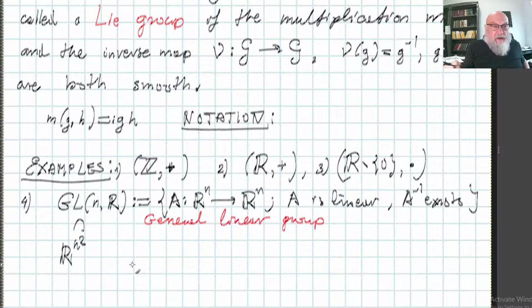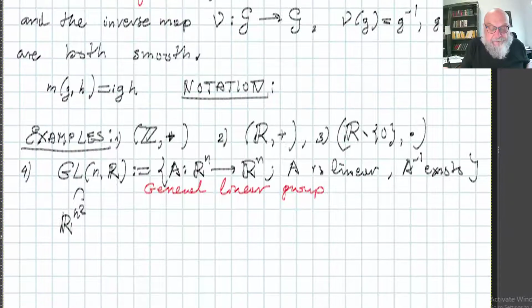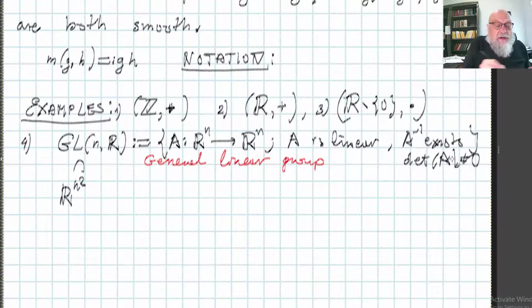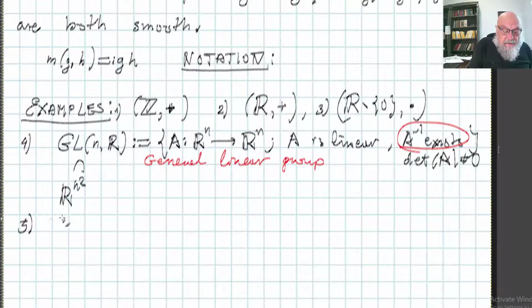And of course, any open set of Euclidean space is a manifold. So that's clearly true. Another way to describe it is that the invertibility condition can be replaced by simply determinant of A non-zero.